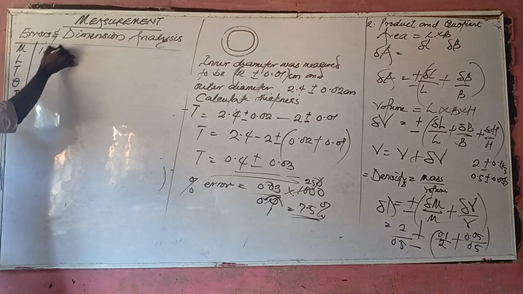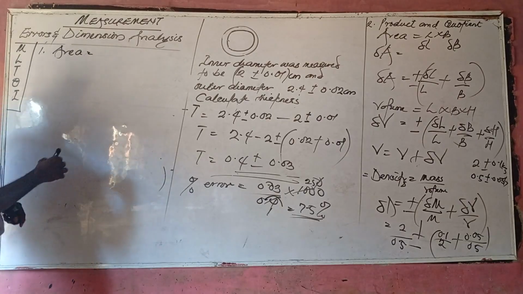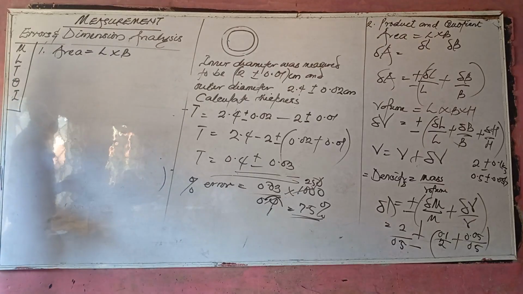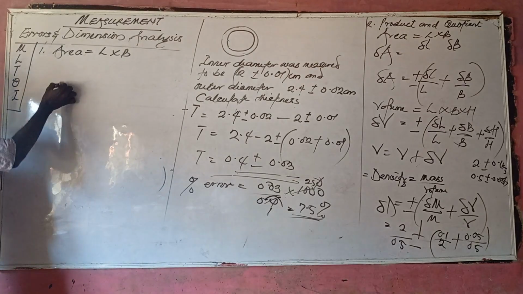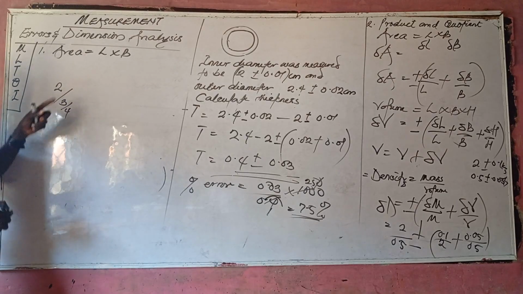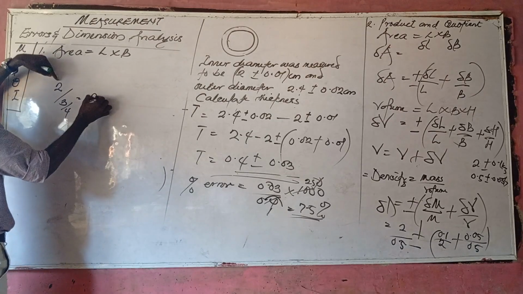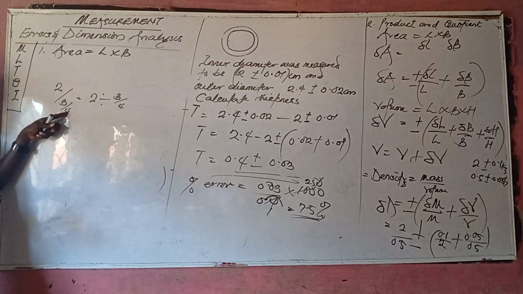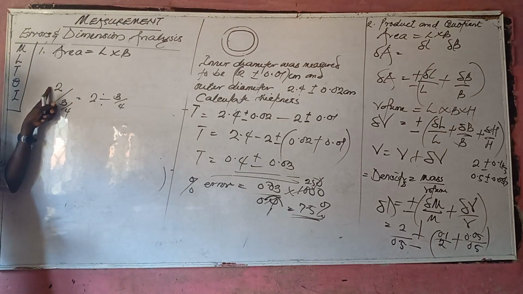Number 1 is area. What's the formula for area? No, before we start this, let me teach you something first. What is 2 over 3 over 4? This means 2 divided by 3 over 4. This means that you are using a fraction to divide a whole number.